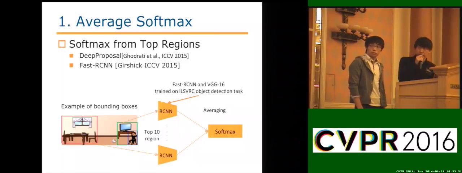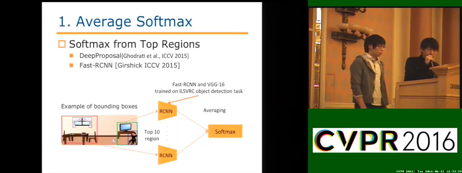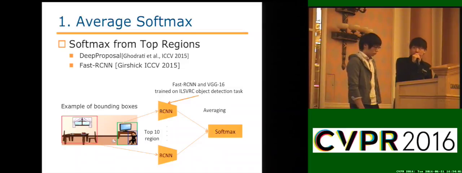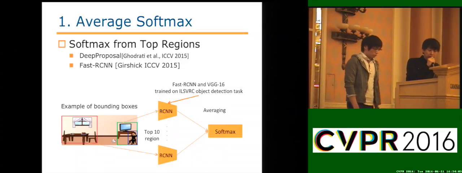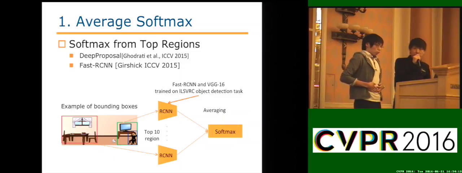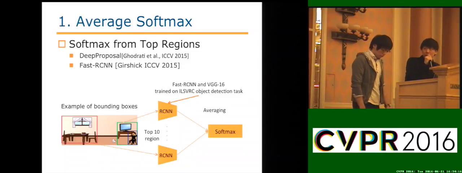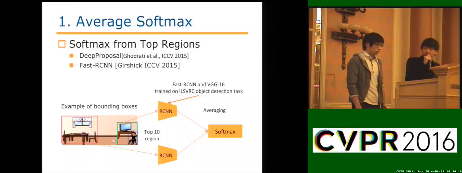So starting with the first region feature, which is the average softmax. We extract top 10 regions based on the object-based measure using the proposal. And then we extract 201-dimensional softmax probabilities using FastRCN and VGG, which is trained on the ILSVRC object detection task on 201 classes.